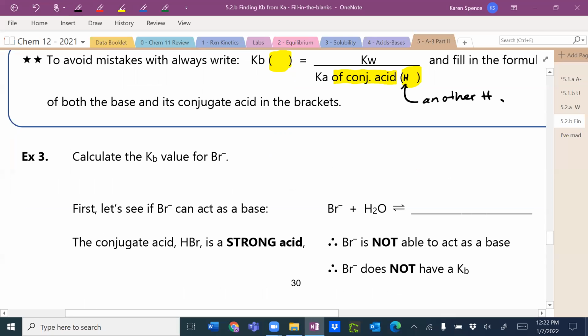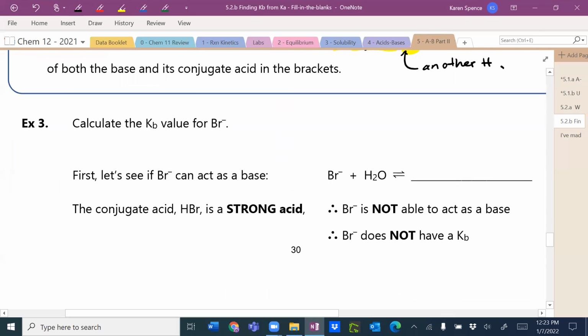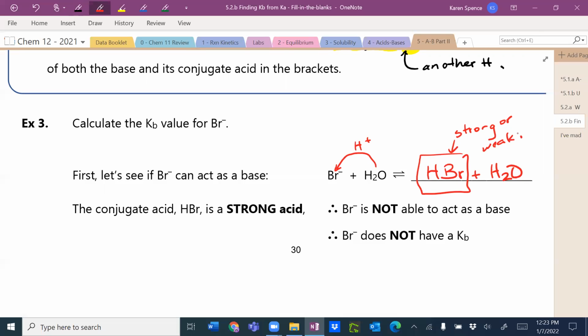All right, my friends, let's calculate the Kb for Br minus. Let's see if Br minus can act as a base. HBr plus H2O. And what you should always do at this point is you should always check, is this strong or weak? This is going to come in handy for hydrolysis next week. So always be checking, is your product strong or weak?